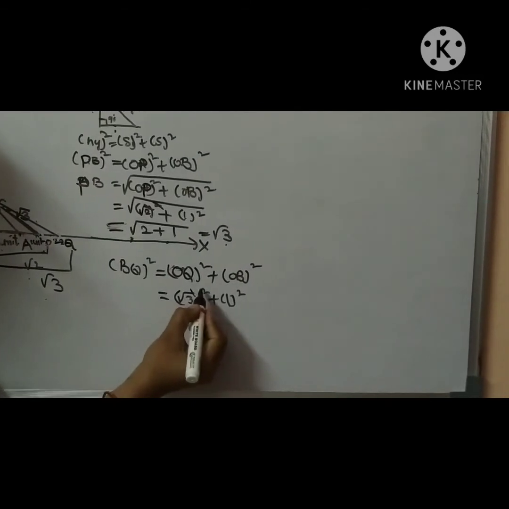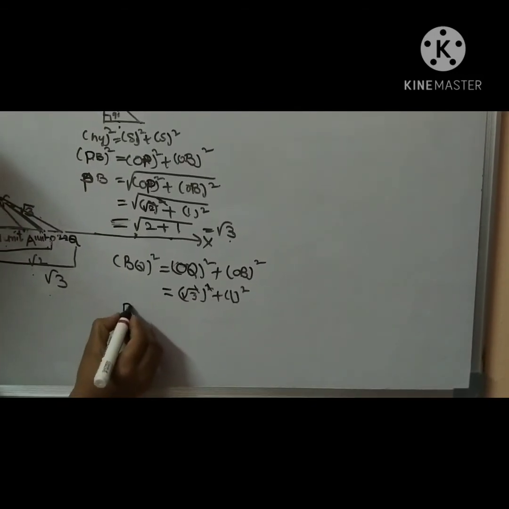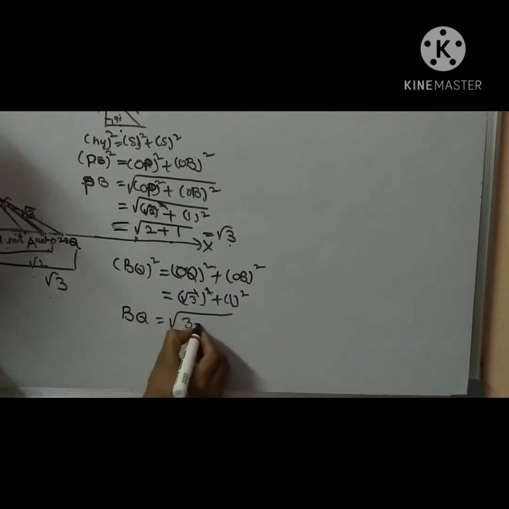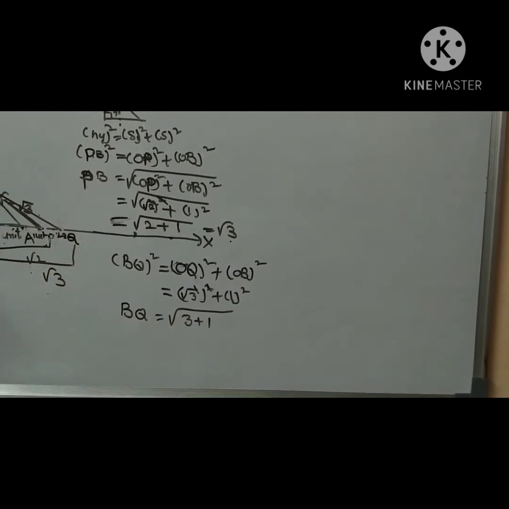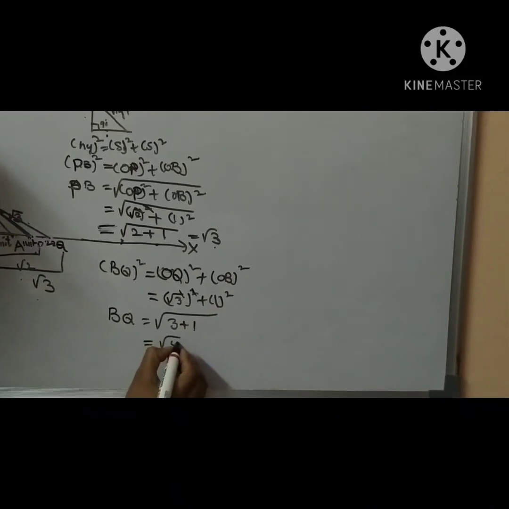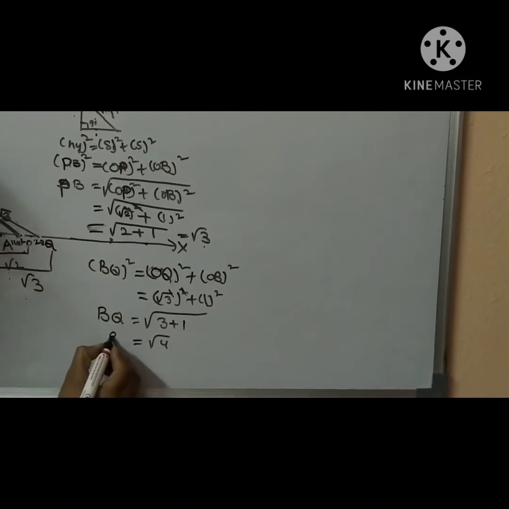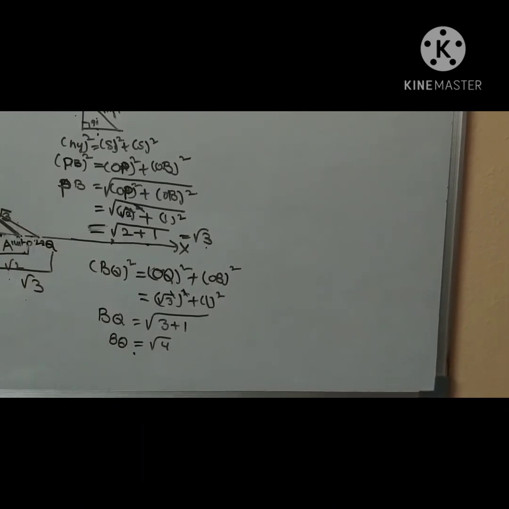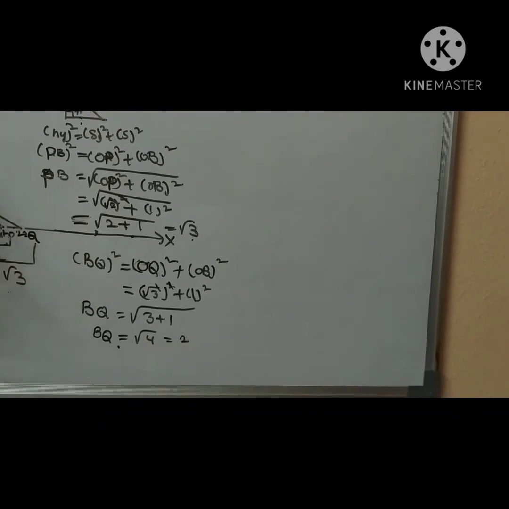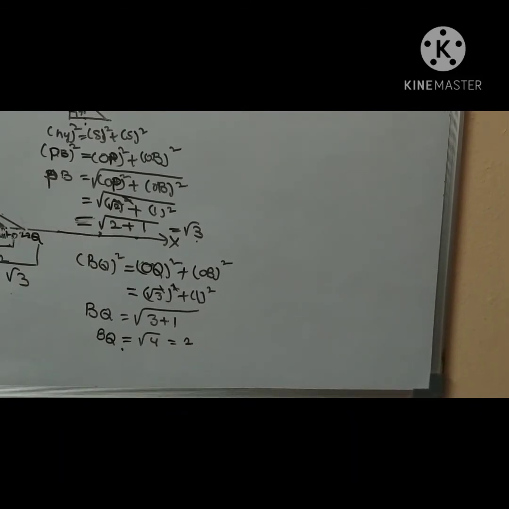So the square root cancels. BQ equals square root of 3 plus 1, so write root 4. BQ equals root 4. But you keep root 4 as a square number, though root 4 is not an irrational number.